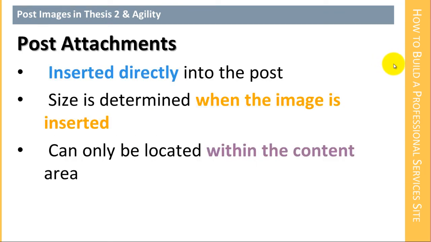In the very beginning of WordPress, the only way you could insert images into a post or a page or anything was by inserting it directly into that post. And that kind of image is called a post attachment. Now you can put as many images as you like inside of any given post or page, and every single one of those is a post attachment.